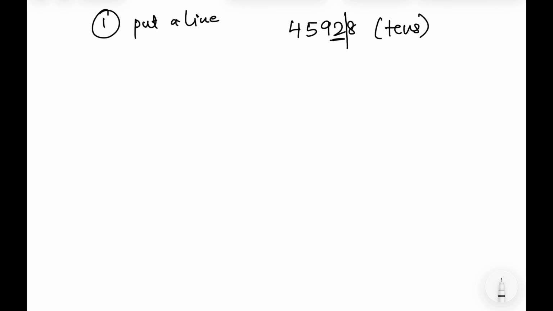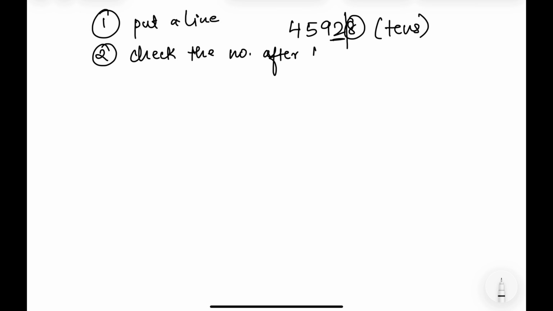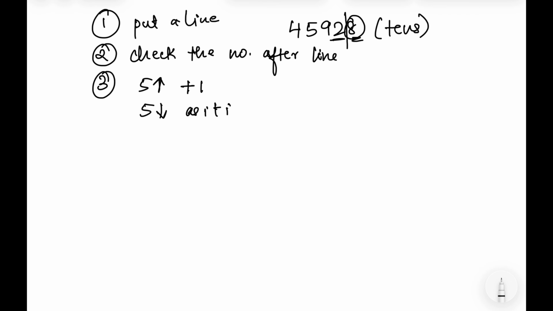Then second, check the number after the line. Third, if the number is 5 or more than 5, then we add 1 to the previous number. And if it is less than 5, then the number remains as it is.